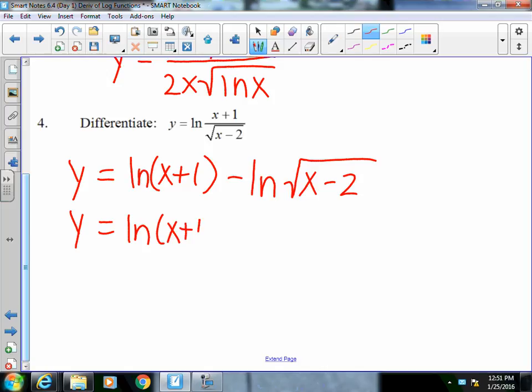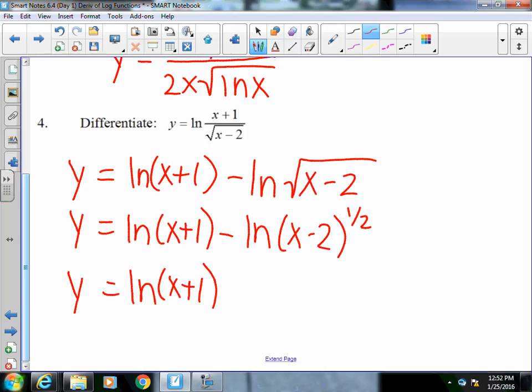Which I could then rewrite as this. Now deriving is not going to be as bad.